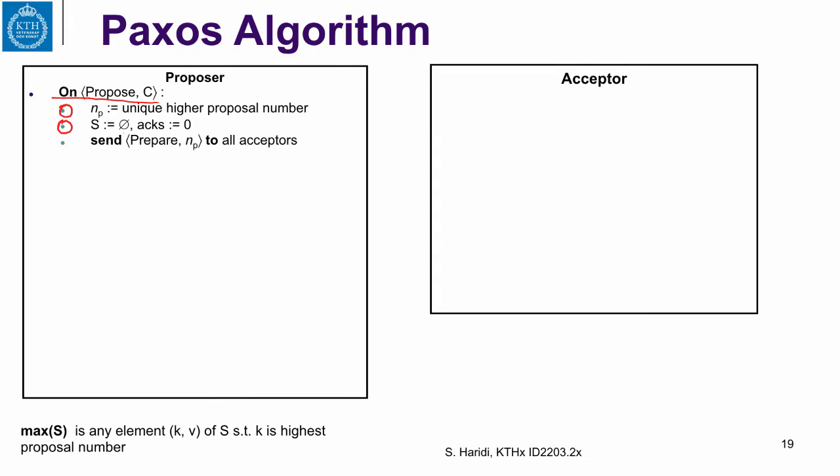The set S will be used to gather accepted values, and X will remember the number of acknowledgements in what we call the accept phase. You are going to see that. So what it does, it sends a prepare to all acceptors.